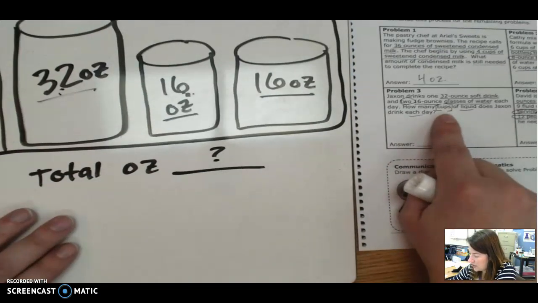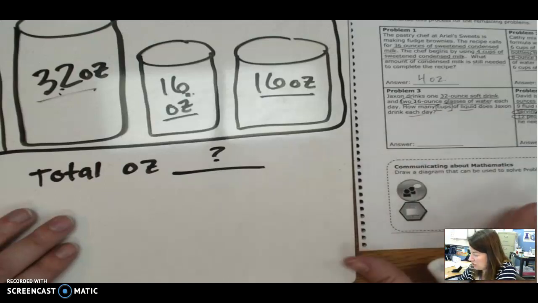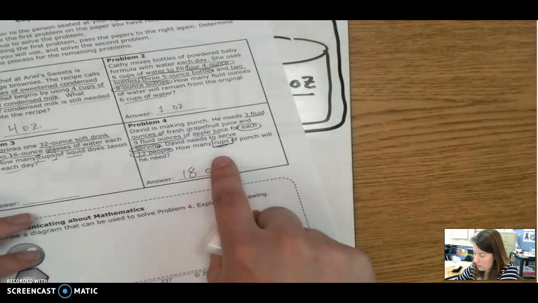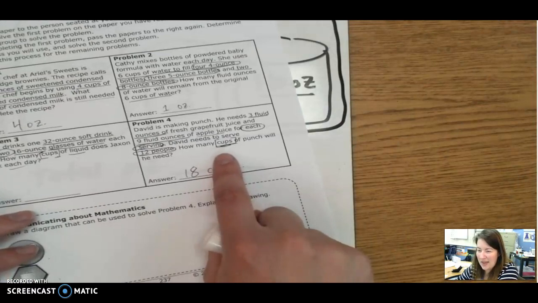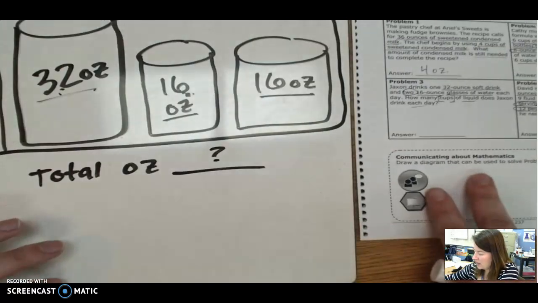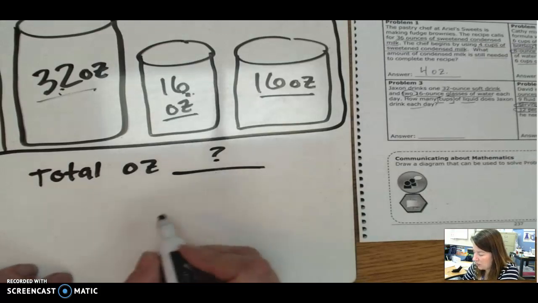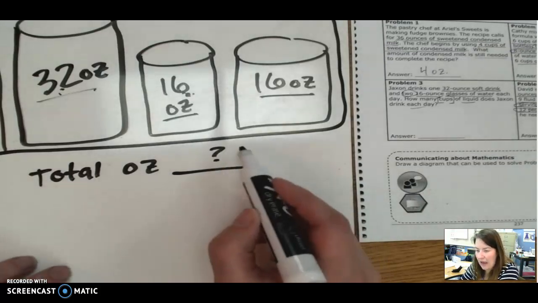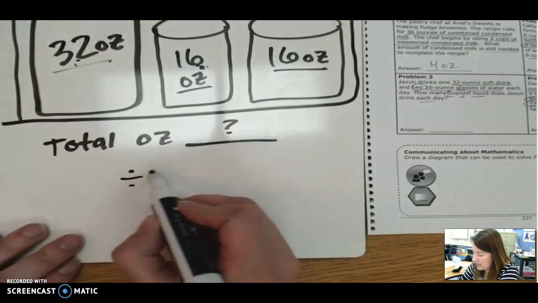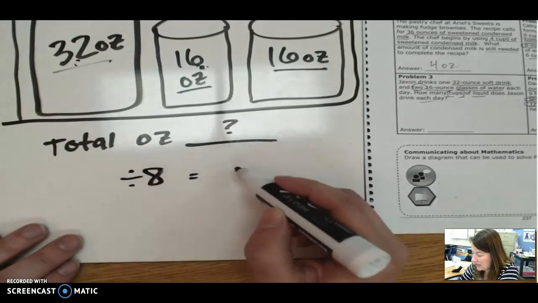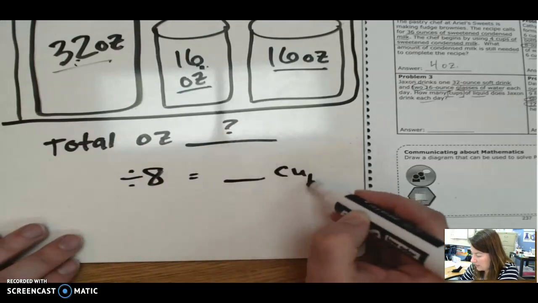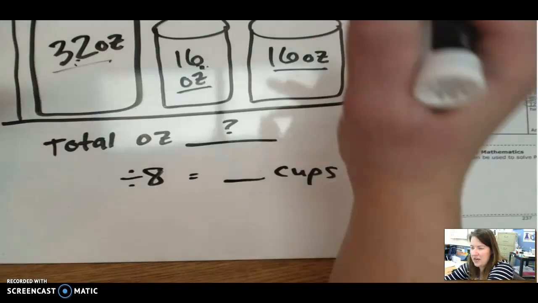How many cups of liquid does Jackson drink each day? So just like in this one where we went from ounces to cups, we had to divide by 8. You're going to do the same thing here. Once you have whatever this total ounces is, you're going to divide it by 8, and that should give you how many cups.